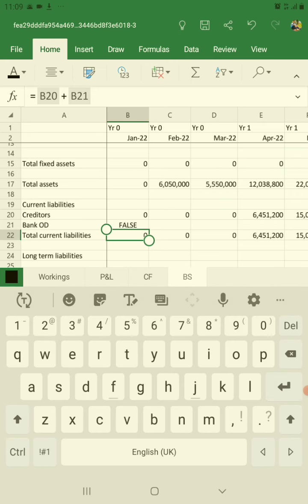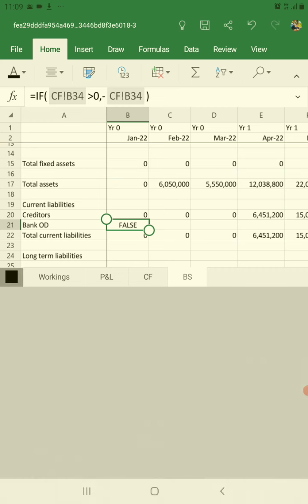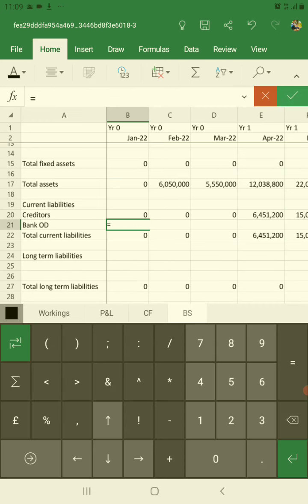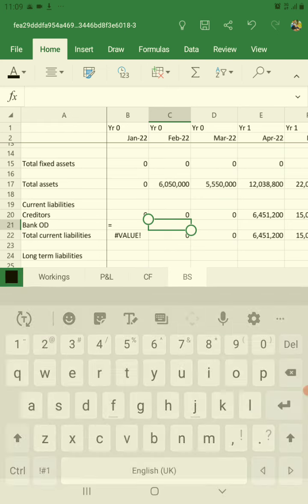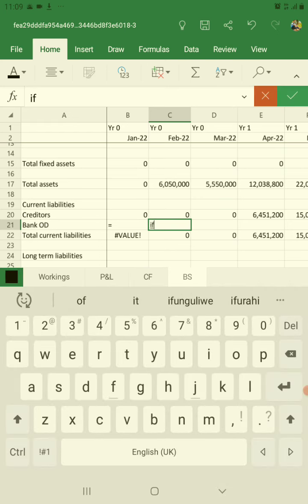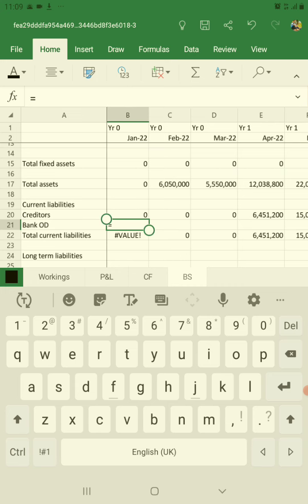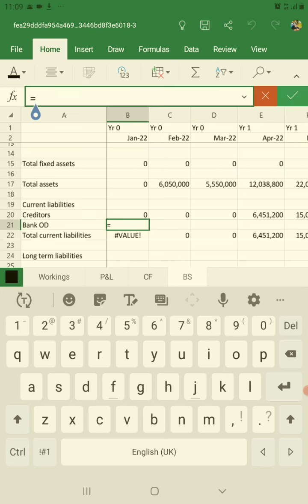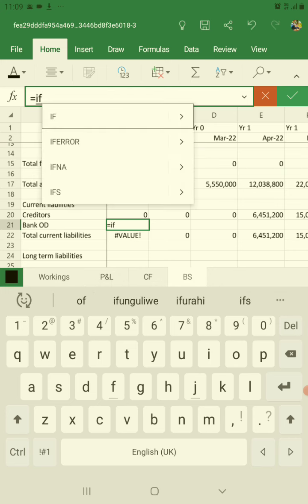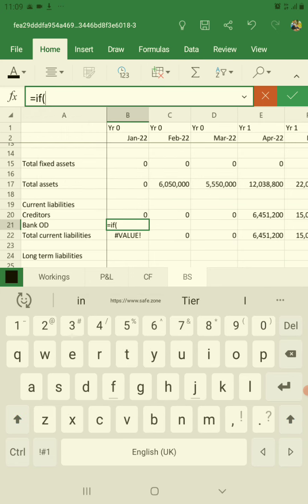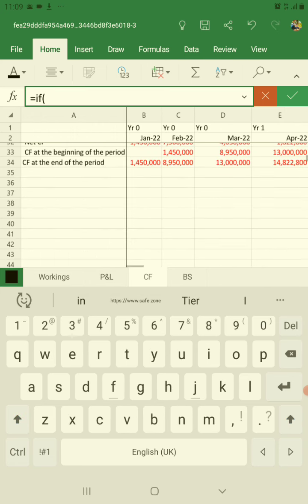Oh, there is a problem. False. Let me repeat that formula, starting with equal sign, if, open bracket, go to cash flow.